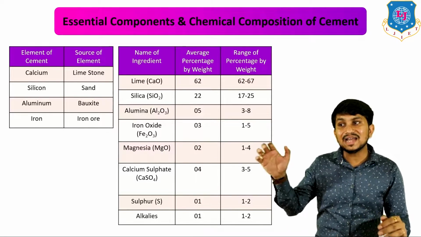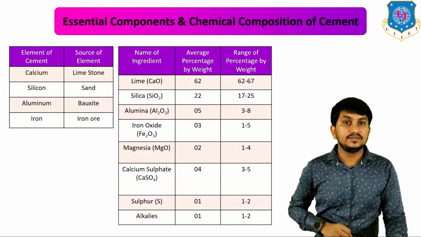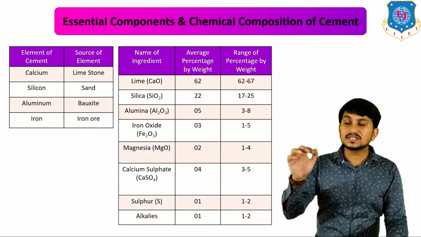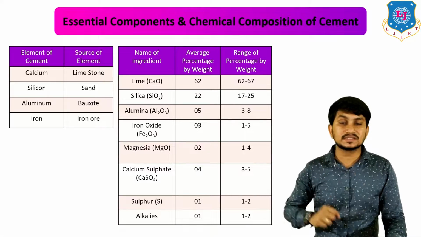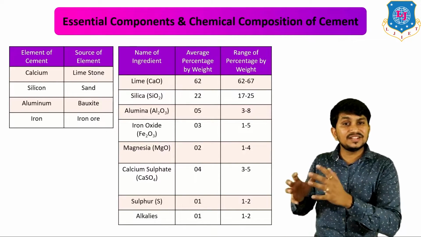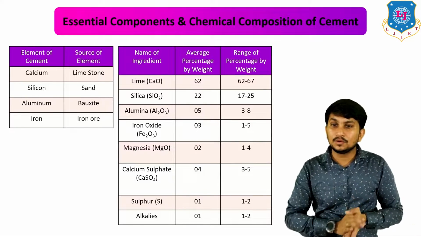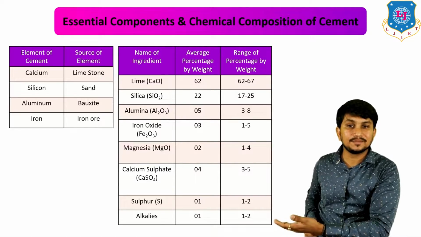Similarly, the second highest component or ingredient in cement is silica, which is also called SiO2, silicon oxide. The average percentage by weight of silica in cement is 22%, and its range is about 17 to 25% based on various companies. That's all about the various ingredients in the cement.